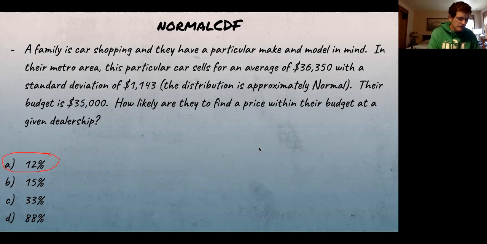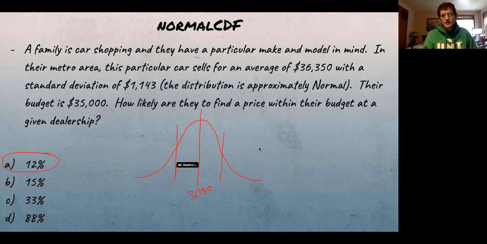And again, just visually to make sense of this, you want to get into the habit of having a picture. The mean is 36,350. Your first standard deviation away is going to be a little less than that, which should be 35,207. And actually, I'm not going to worry about the other ones, because what we know is that the $35,000 budget of this family lives about right here.